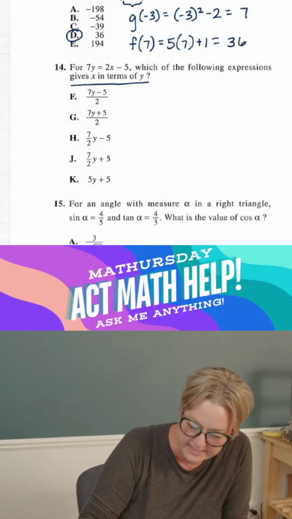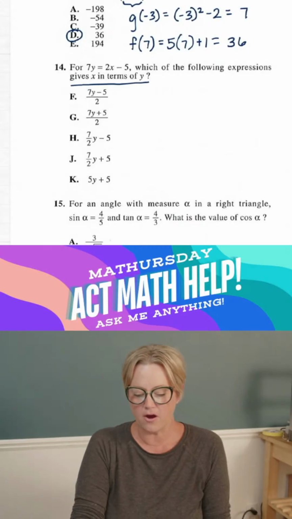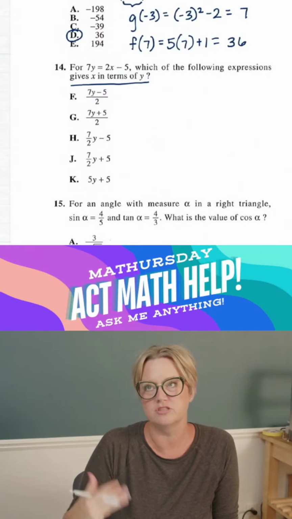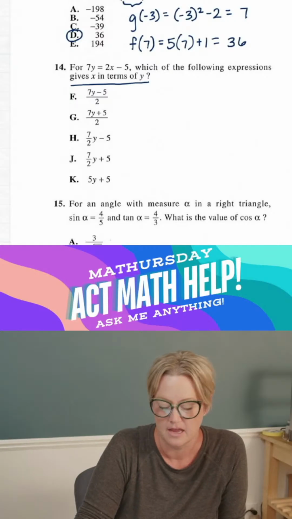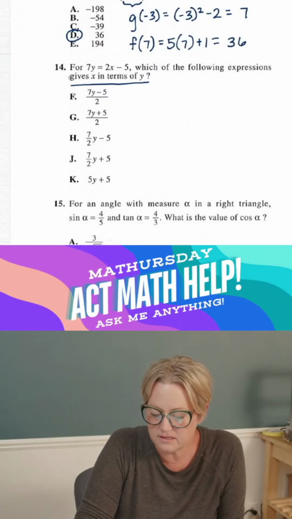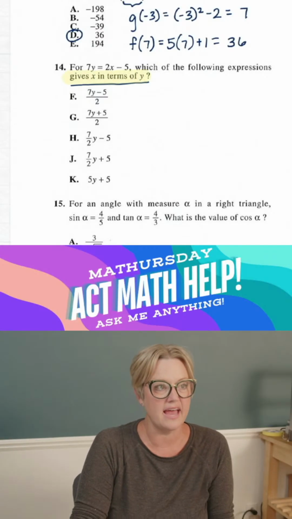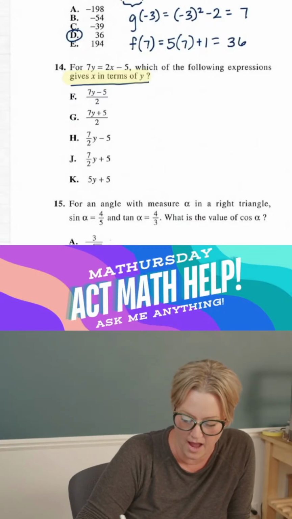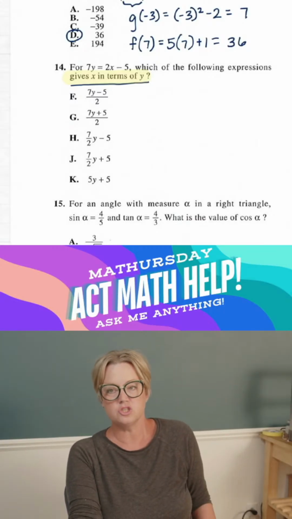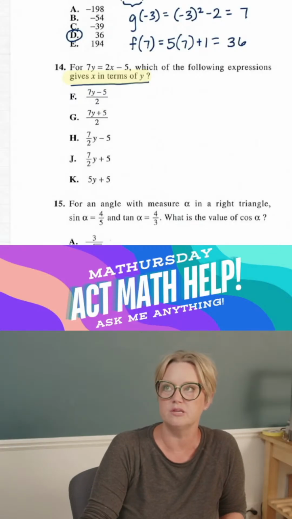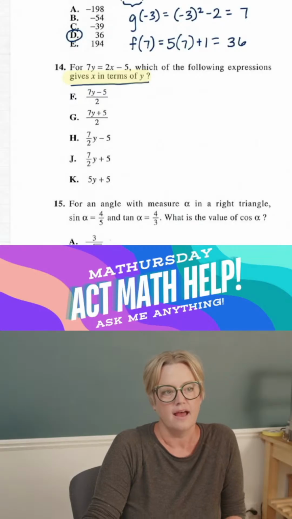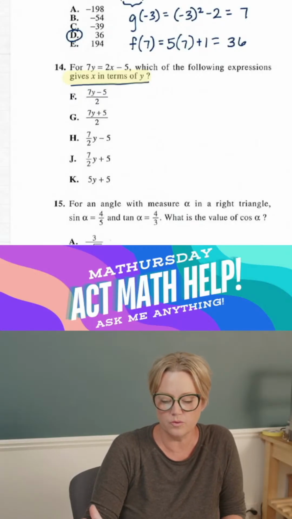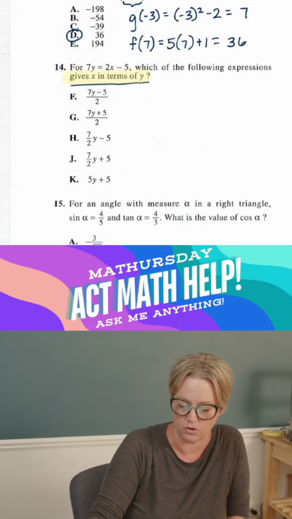Like I was saying earlier, a big part of this is being able to understand what they're asking you to do. What is the answer for this? This statement right here gives X in terms of Y. X in terms of Y means that you're not going to be getting a value for X because you have two variables in this equation.